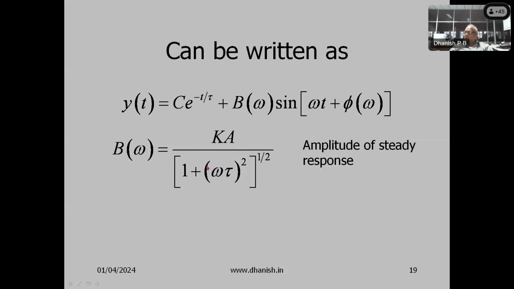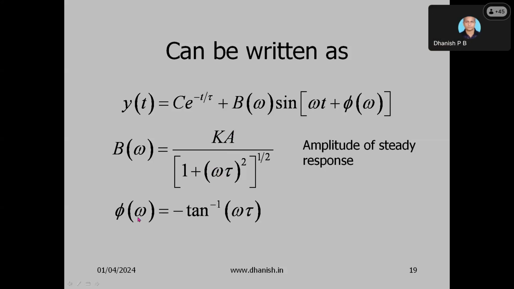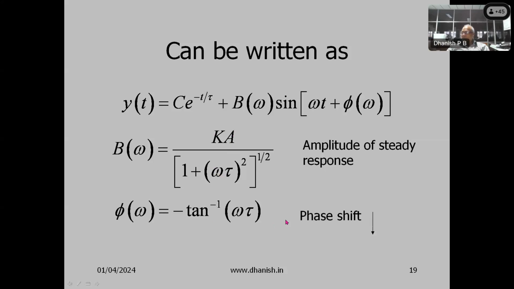If omega is 0, the amplitude would simply be Ka, but now it is changed by a certain amount. And phi omega is the lag, minus tan inverse omega tau. So the peak is shifted by a certain time.